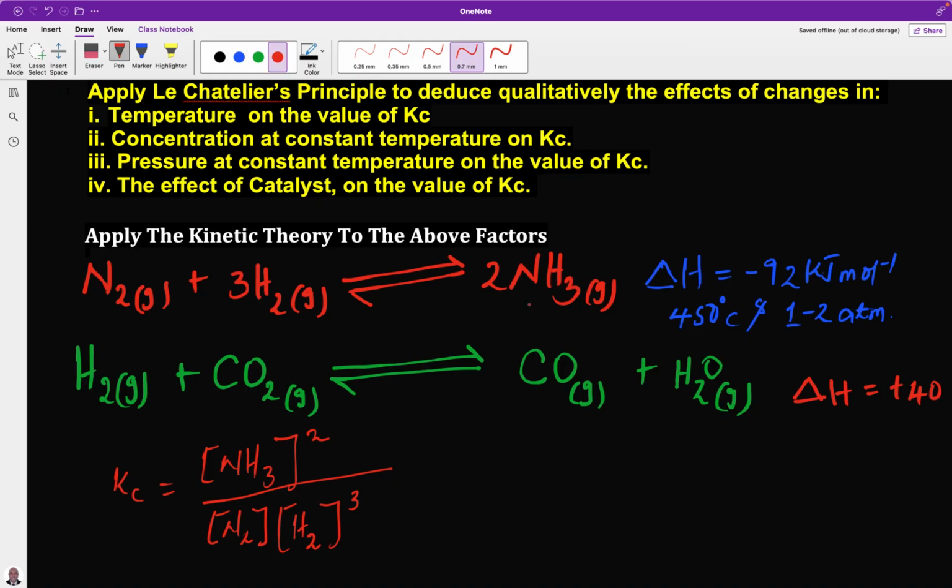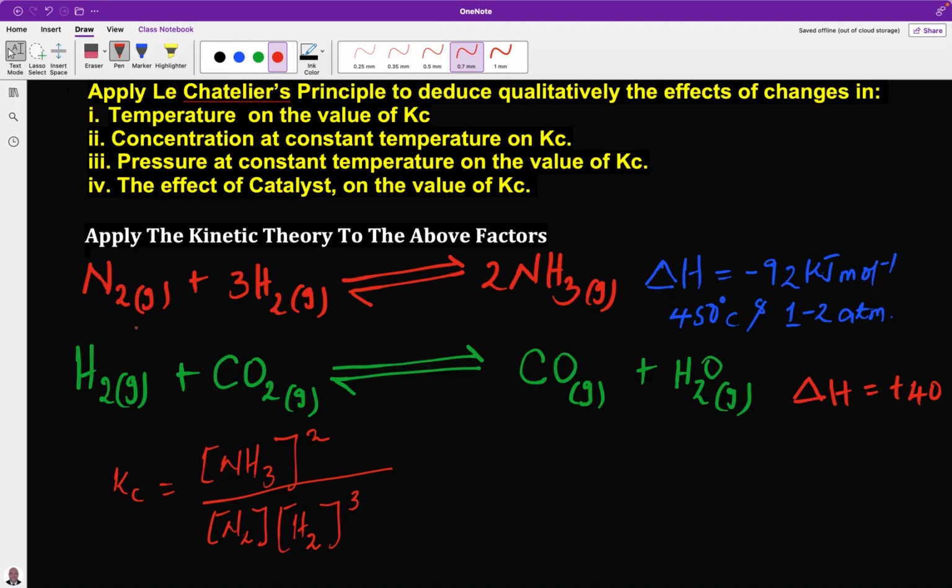And when more of the ammonia gets back to nitrogen and hydrogen, what happens? Our Kc is going to drop. Why do I say our Kc is going to drop? There's less ammonia and there is more of the reactant.